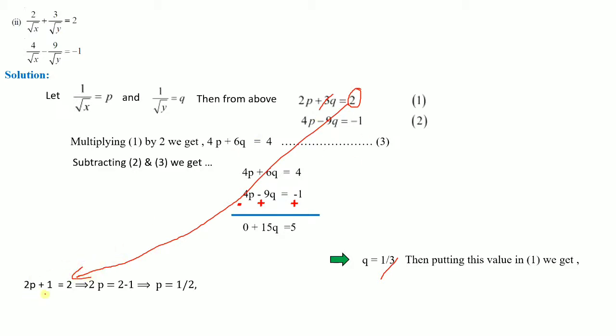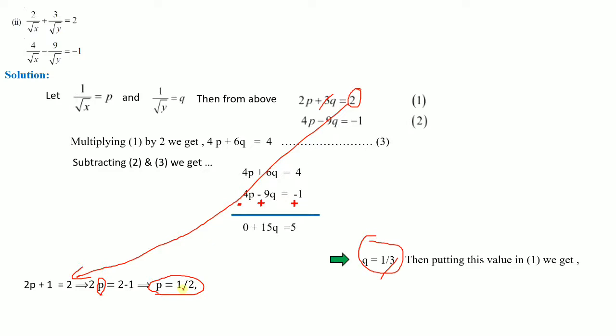Then 2p plus 1 is equal to 2, which implies 2p is equal to 2 minus 1, which is 1, and then p is equal to 1 upon 2. Now we got the final values: p is 1 by 2 and q is 1 by 3.